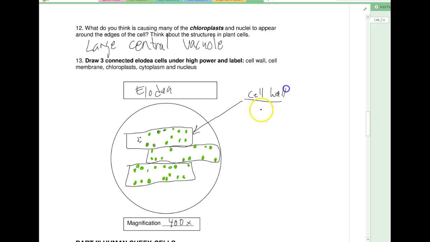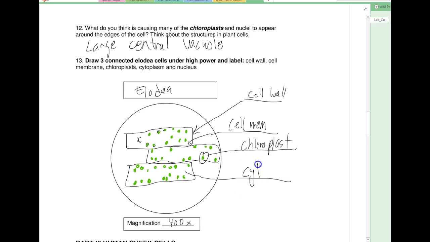Cell membrane was going to be on the inside. Chloroplasts for these guys. Cytoplasm's in the middle. And sometimes if you add iodine, you could see a faint little nucleus in the middle. That would be the nucleus.